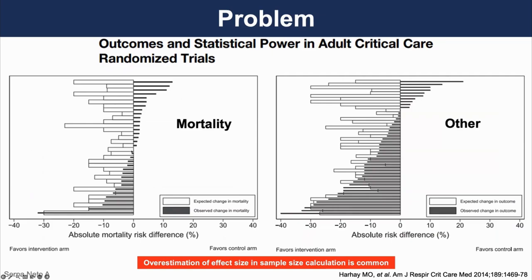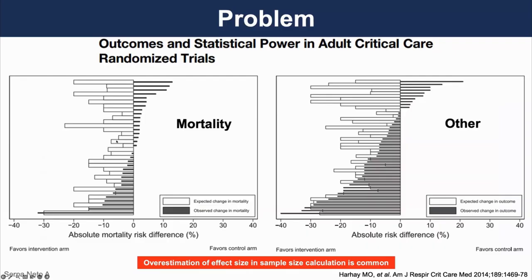As you can see, there's a huge discrepancy, where most of the time we overestimate the effect size in the sample size calculation, either because we really believe that our intervention is so good that we'll be able to affect mortality a lot, or simply because we have to inflate the effect estimate to end up with a sample size that is feasible to recruit.